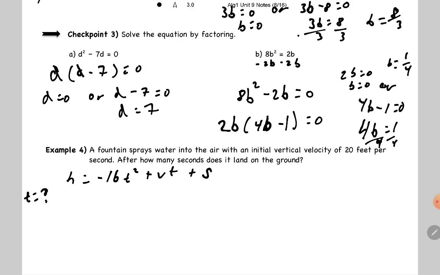A fountain sprays water into the air with an initial velocity of 20 feet per second. So velocity equals 20. And our initial height, so they don't tell us the initial height of the fountain.